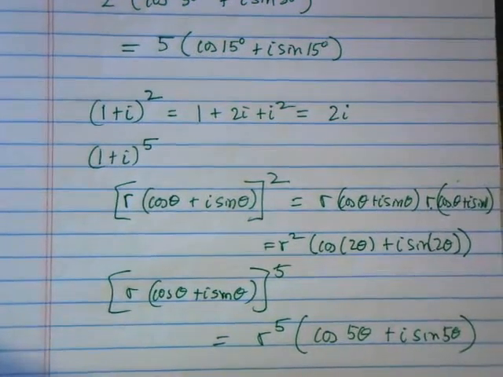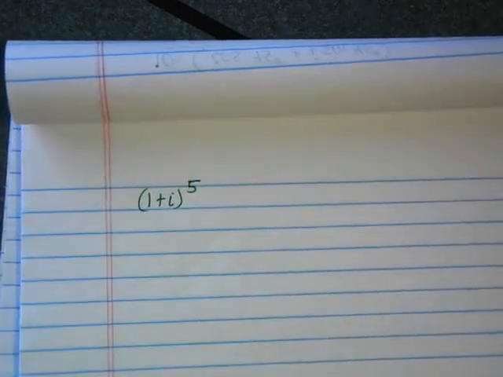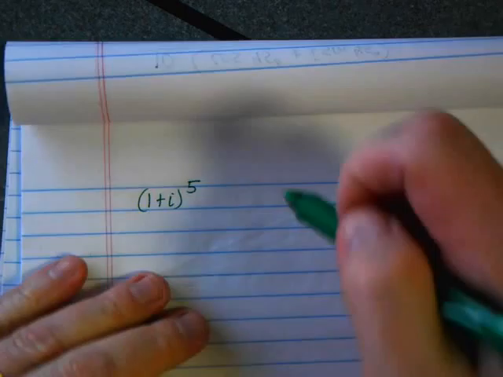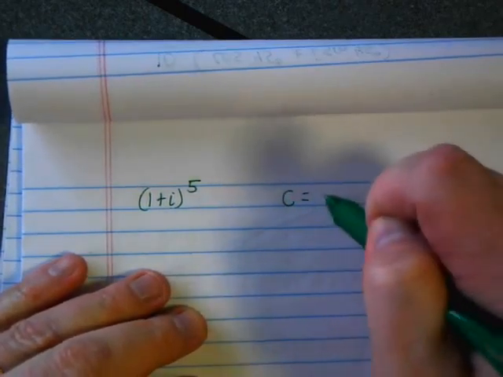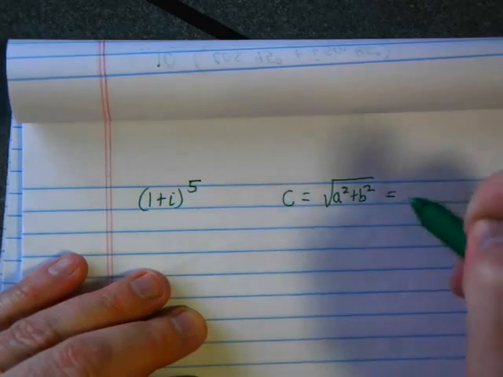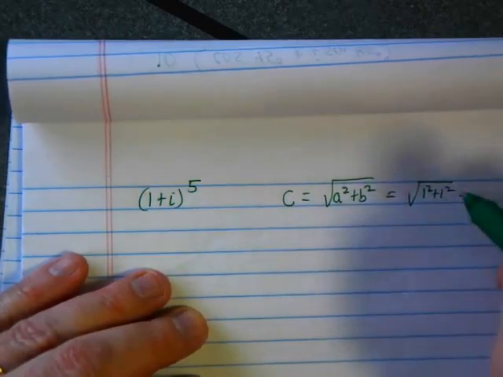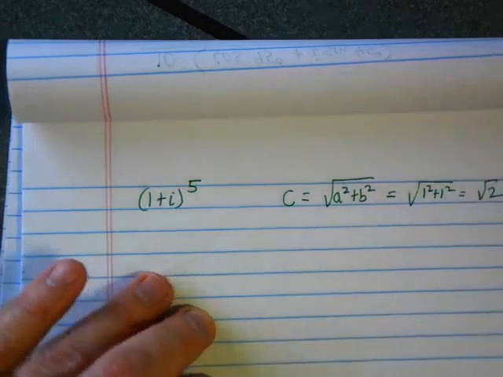Okay, so let's take 1 plus i and raise it to the 5th power. 1 plus i to the 5th. If you asked me to take 1 plus i and raise it to the 5th power, I would first convert that to trig form. So r is the square root of a squared plus b squared, which is 1 squared plus 1 squared. r is the square root of 2.